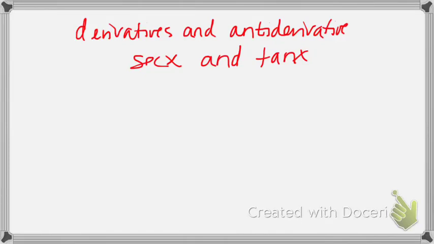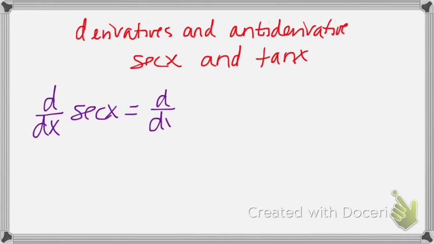First of all, let's talk about the derivative of secant. When we did this before, we changed secant to 1 over cosine. And then we found the derivative of 1 over cosine.